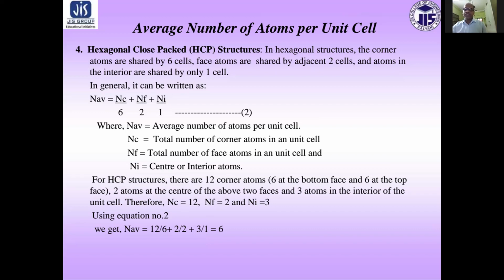For the HCP structure, there are 12 corner atoms, that is 6 at the bottom face and 6 at the top face, 2 atoms at the centers of the above 2 faces, and 3 atoms in the interior of the unit cell. Therefore NC is equal to 12, NF is equal to 2, and NI is equal to 3. Using the above equation, we get an average number of atoms per unit cell equal to 6.